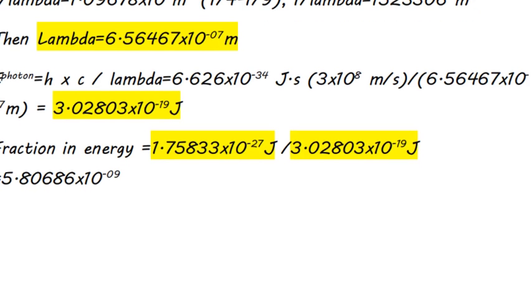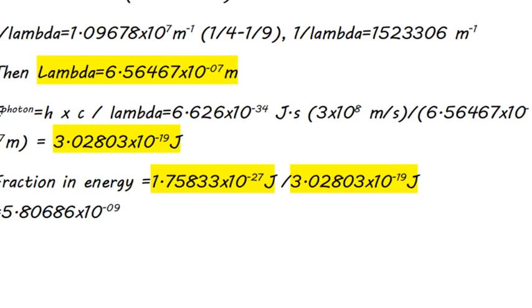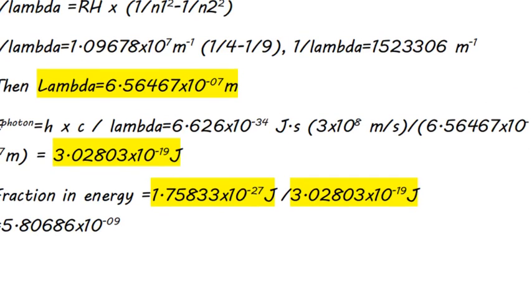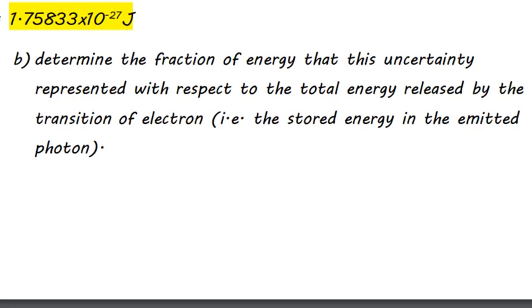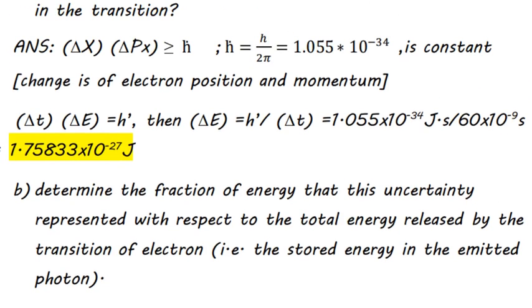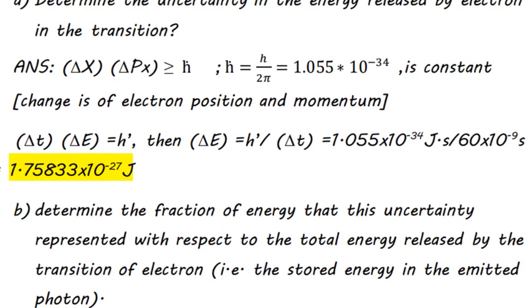This could be changed into a percentage, etc., as you like. And just to briefly show, this is the value that we calculated in the previous section from this example, described as the uncertainty in the energy released by the electron in the transition. And for today's class, thank you.